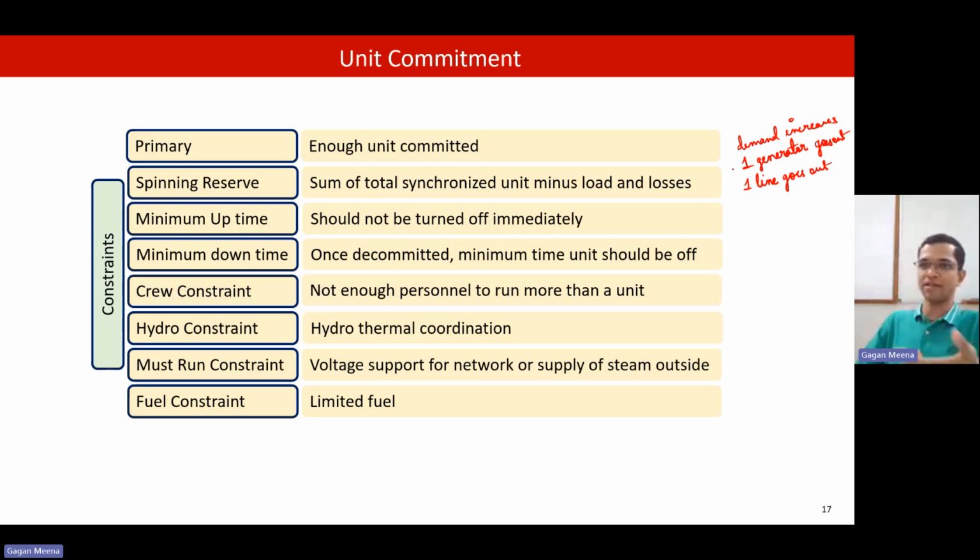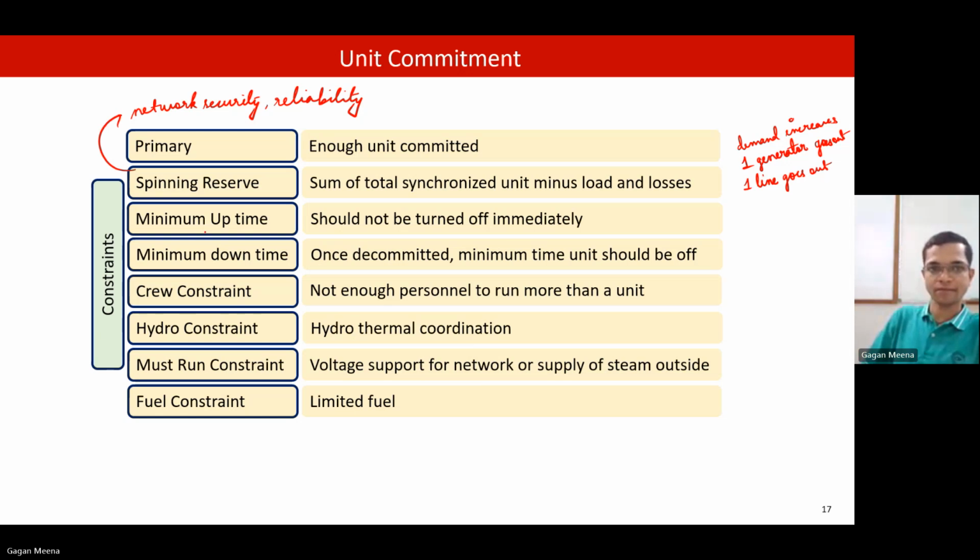Whenever a generator outage or line outage occurs, these generators can be called up to generate. This constraint is very important for network security and reliable power supply.